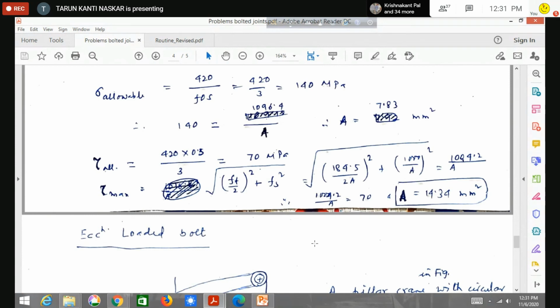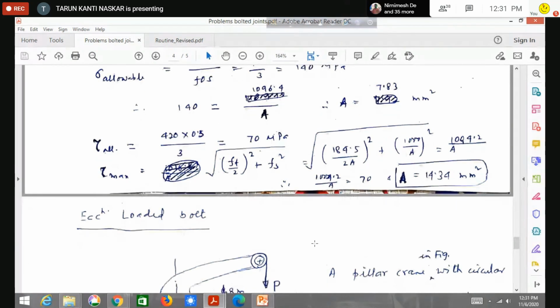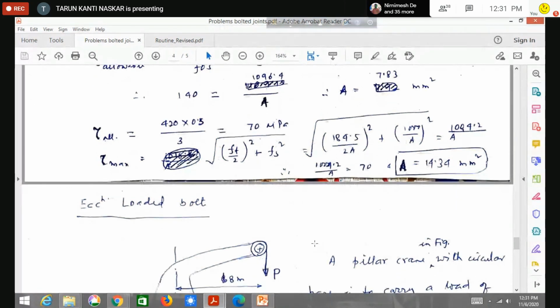So ultimately the value is 14.34 millimeter square, not 7.83 millimeter square, because you have found out the tau max, the principal stress. Corresponding to this 14.34 millimeter square, you have to find, this is not shown here, you just consult the table and then you find out the diameter of the bolt. So this is the thing.